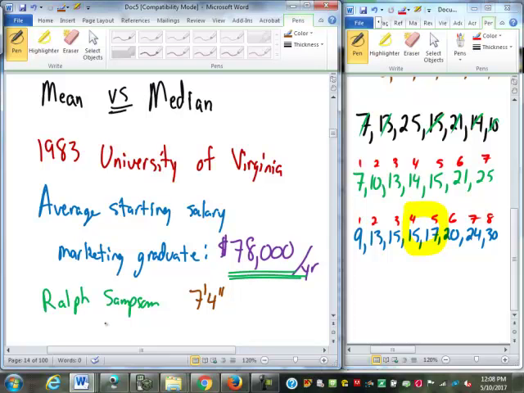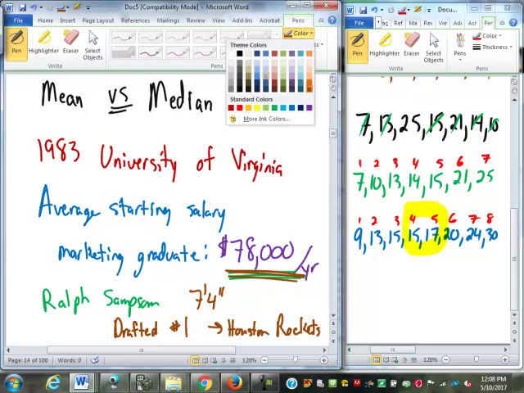Was drafted number 1 by the Houston Rockets. Now, as you can guess, he might have made a little bit more than $78,000 that year. He had a multi-million-dollar contract.